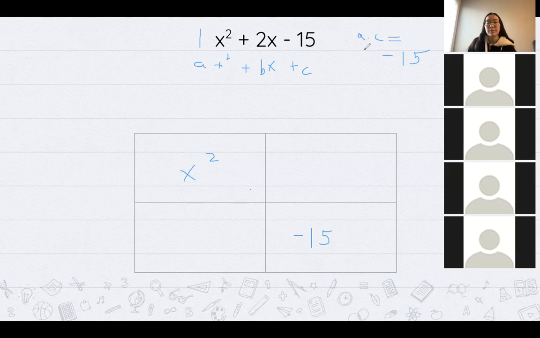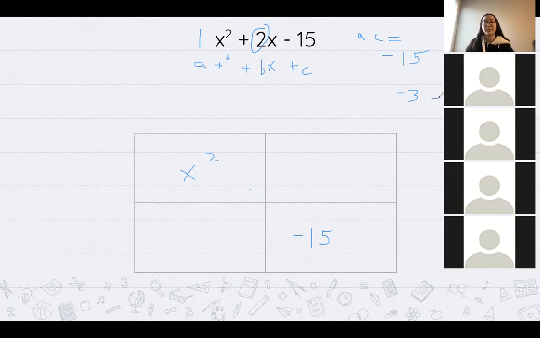And now we have to find two factors of negative 15 that sum to B, which is 2. So negative 3 and 5. Negative 3 and 5. Yes, that would work. Good job. So negative 3 times 5 equals negative 15.